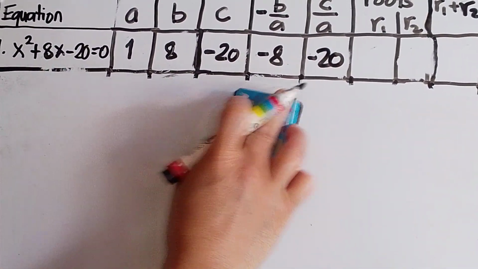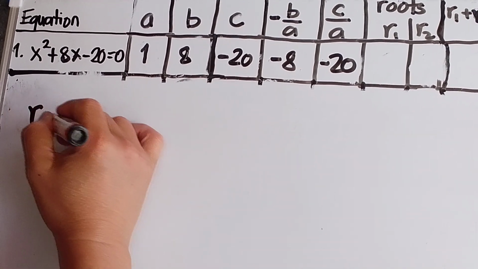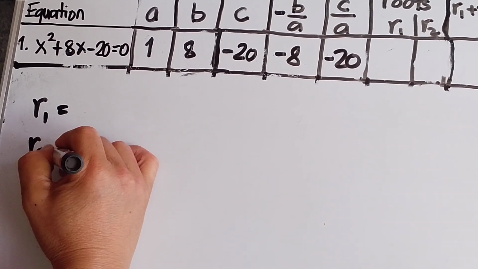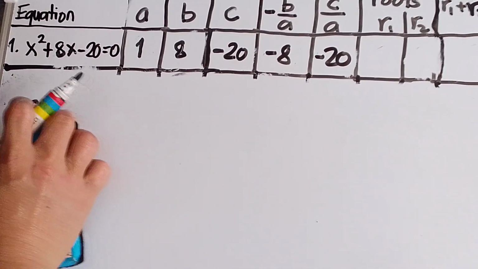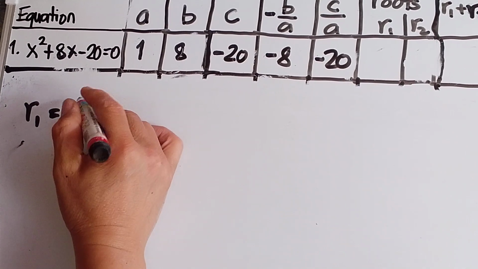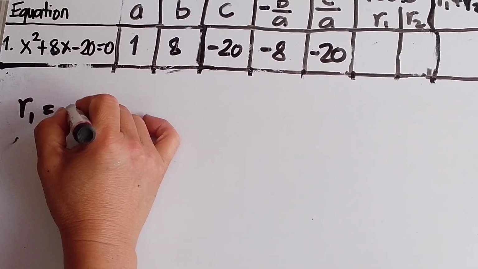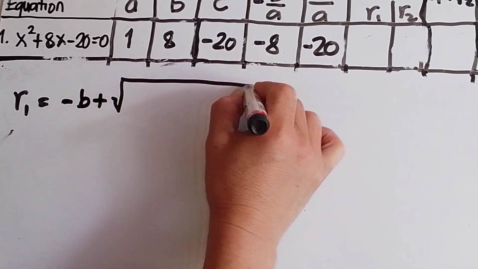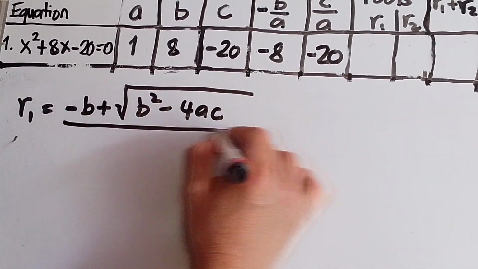So how about to find the roots? To find the roots, R1 and R2. R1 first. R1 is equal to, this is the derived formula of quadratic equation, negative b plus square root of b squared minus 4ac all over 2a.